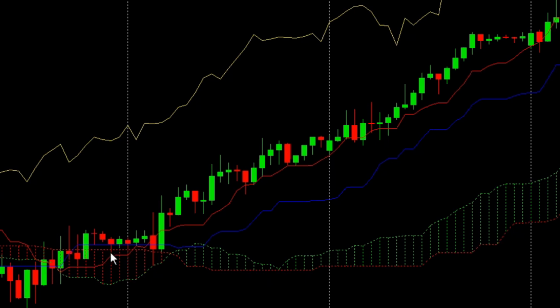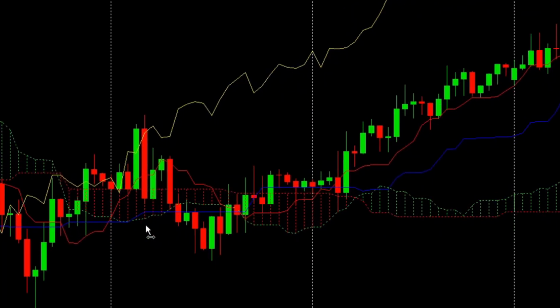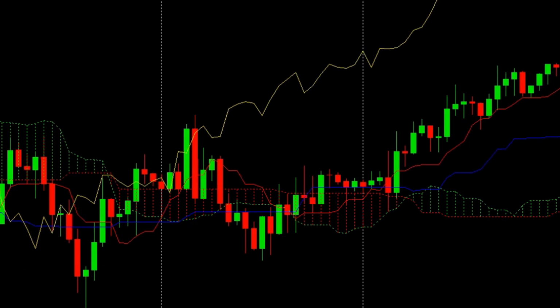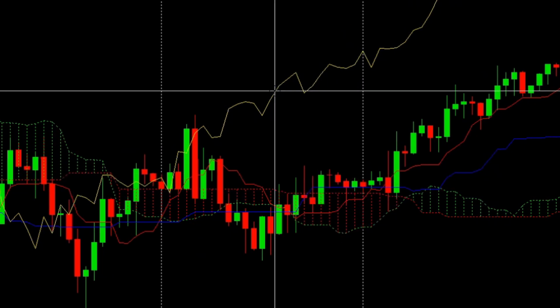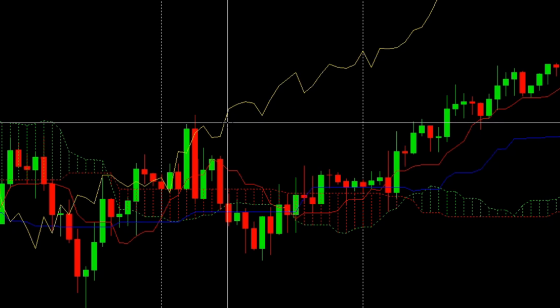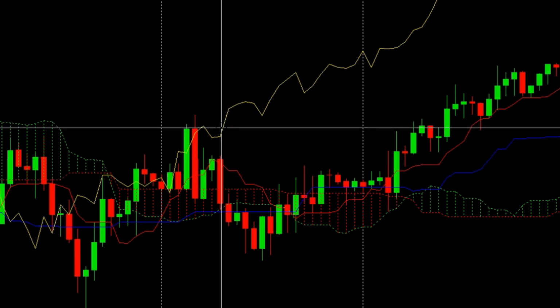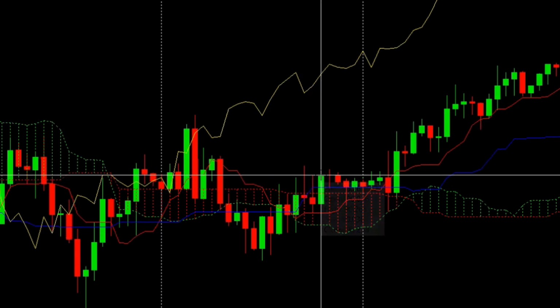Now let's take a look at the price action here. Price actually breaks out and closes above the Kumo at this point here. But let's look at our other rule, and that was that the Senkou Span is above price or possibly above the Kumo at the time at which this happens.